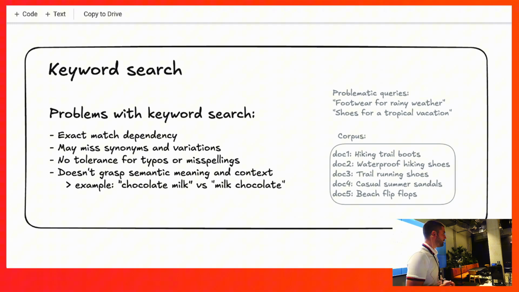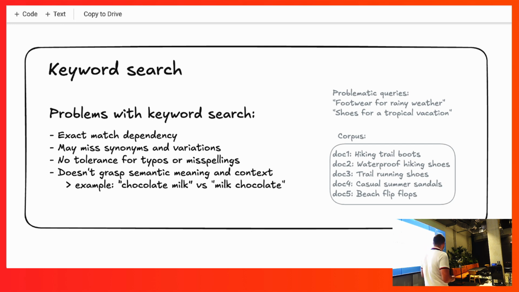And obviously it doesn't grasp any semantic meaning, so with phrases like chocolate milk and milk chocolate, distinguishing between them is usually a hard task for systems like this.